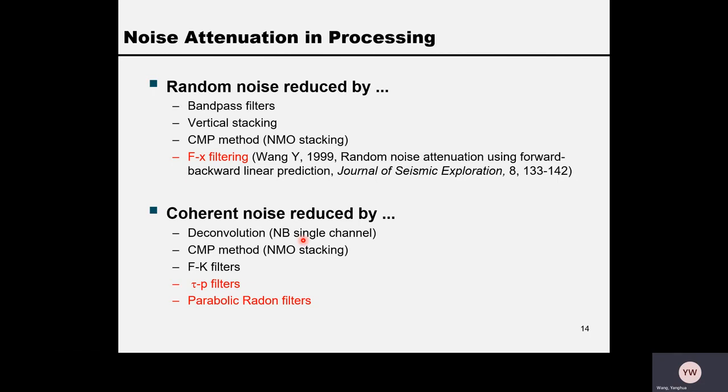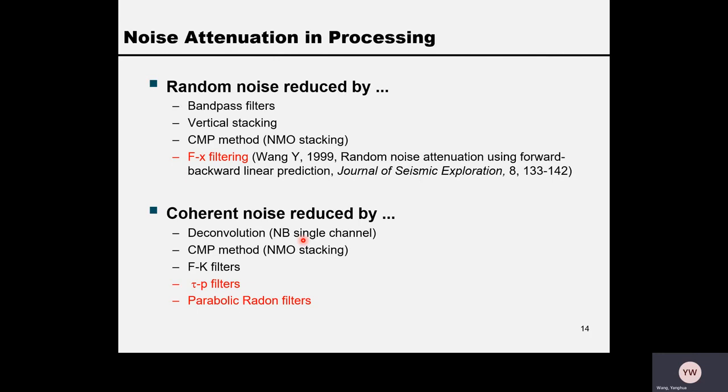Although nowadays people study using coherency among multiple channels, to develop multi-channel deconvolution, trying to have a more stable deconvolution operator. Deconvolution is the inverse filtering. Filtering is equivalent to convolution. Deconvolution means inverse filtering.